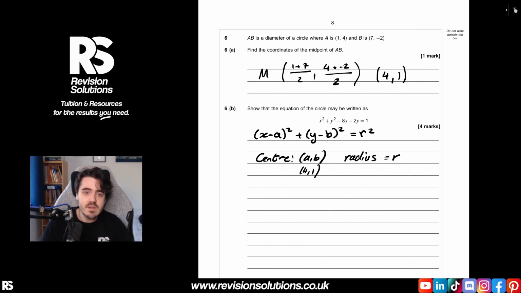And to work out the radius, we can just take any point on our circle, so A or B, and find the distance to the center for the radius. So I'm going to use the points 1, 4, and our center 4, 1.